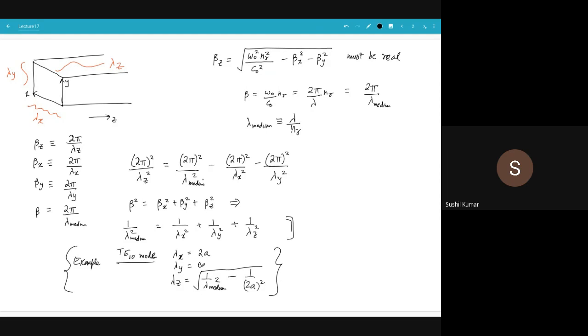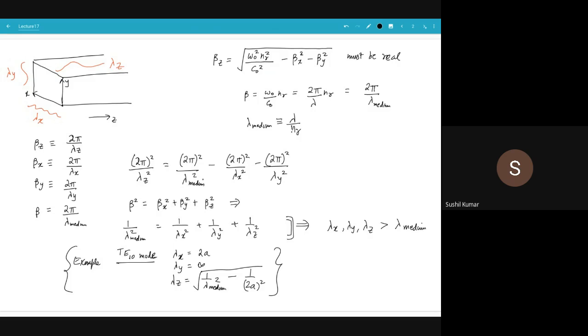This expression, I hope, can help you understand that all of these 3 quantities, lambda x, lambda y, and lambda z, are larger than lambda medium. Does that make sense?